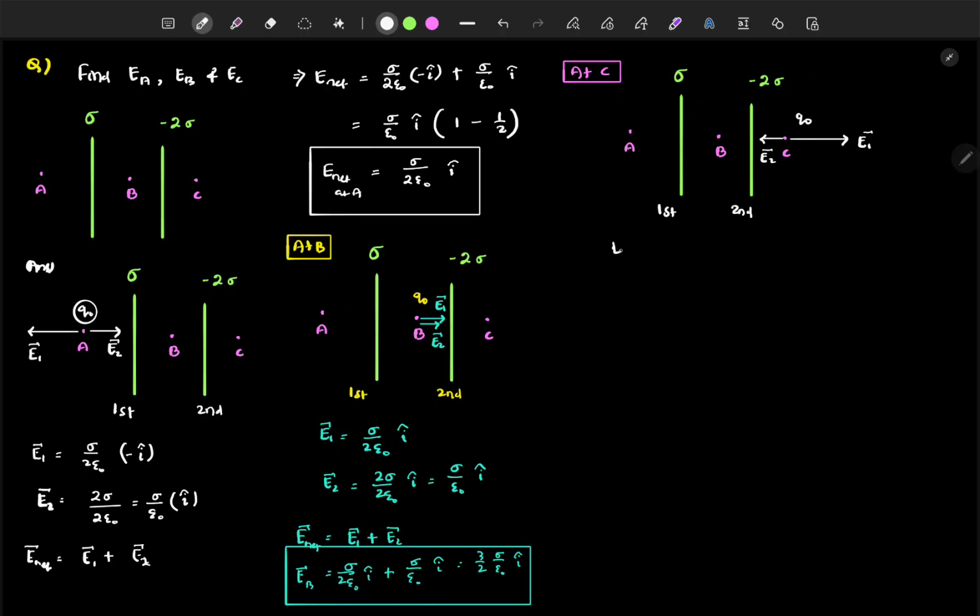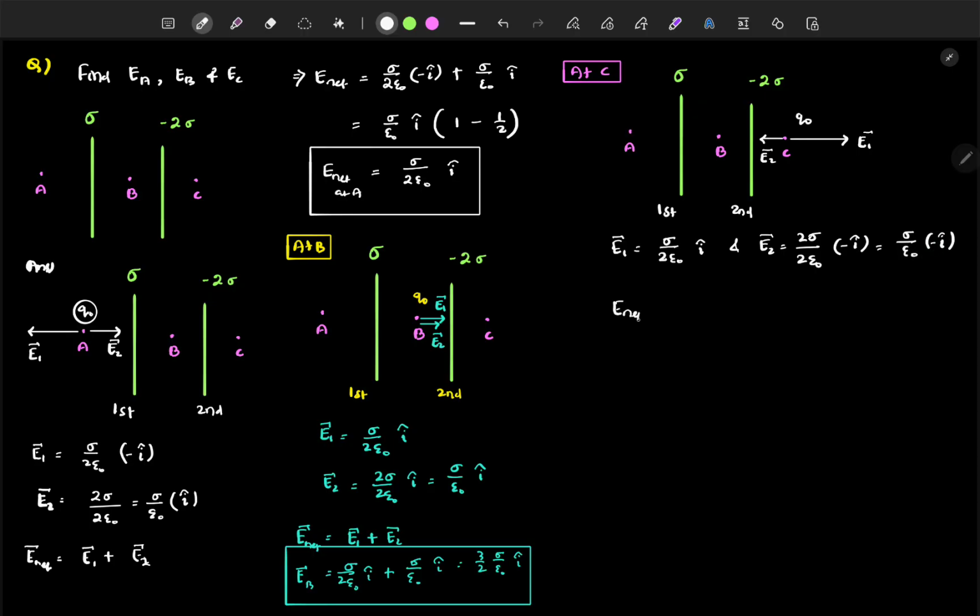So again, write the E1 vector value sigma by 2 epsilon naught i cap, and the E2 vector value 2 sigma by 2 epsilon naught into minus i cap, so it will be sigma by epsilon naught into minus i cap.